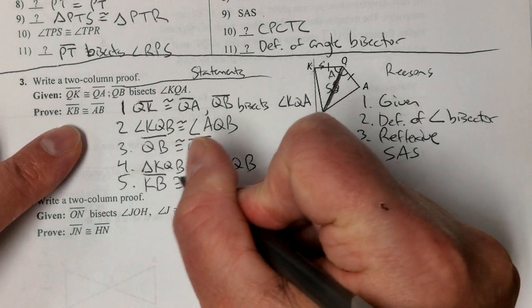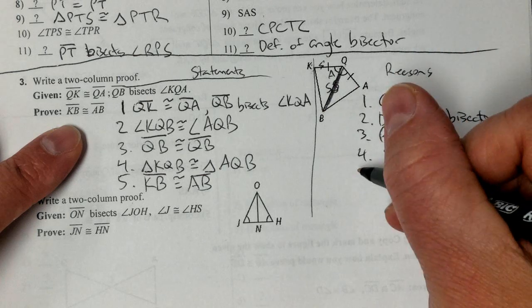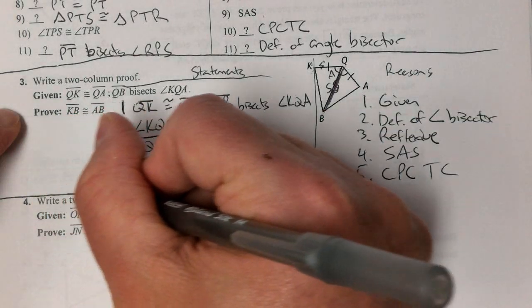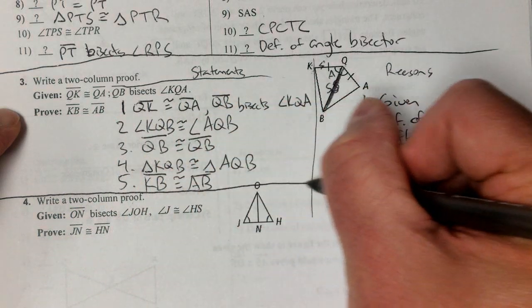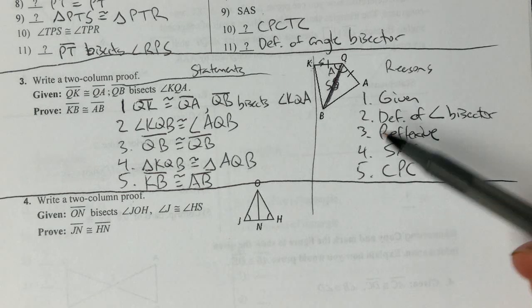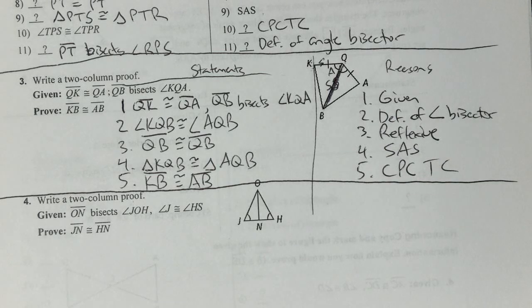KB congruent to AB. This one equal to that one from CPCTC. So you do your regular proof, and then you have one extra step, which is CPCTC.